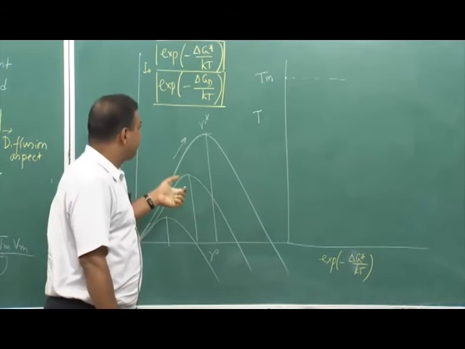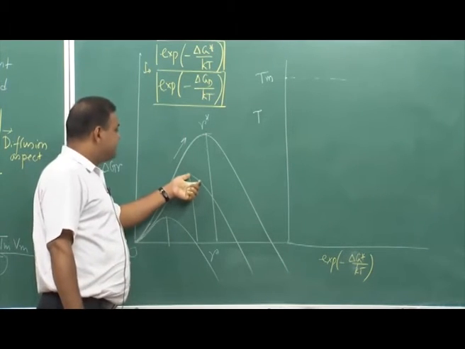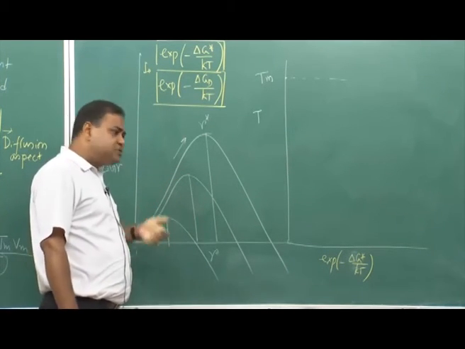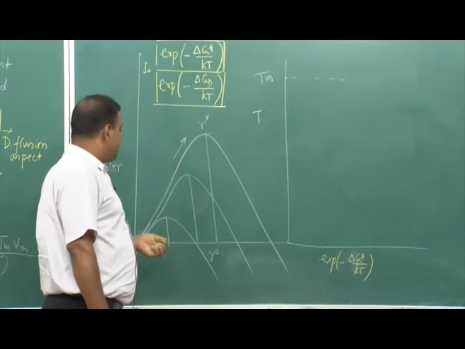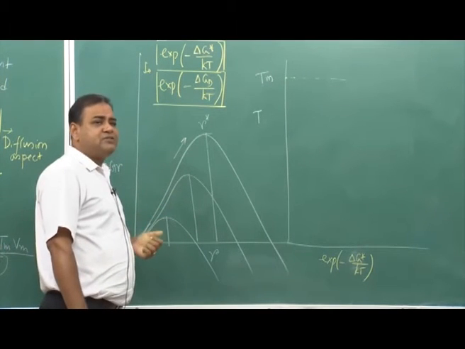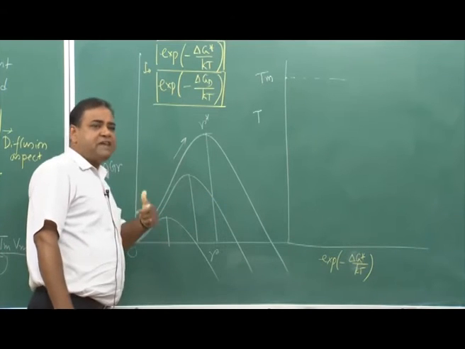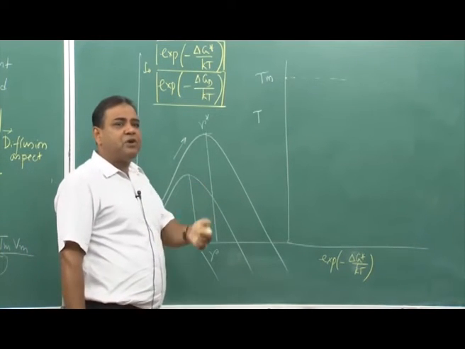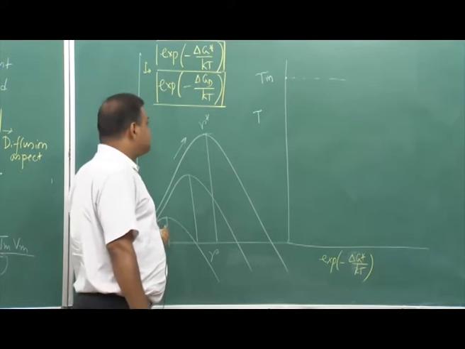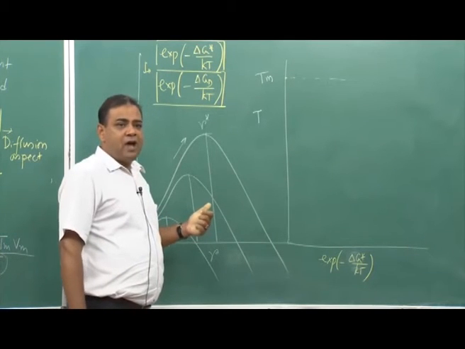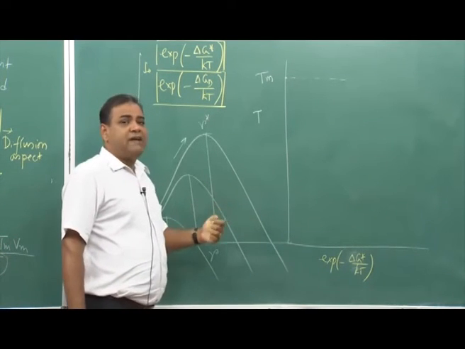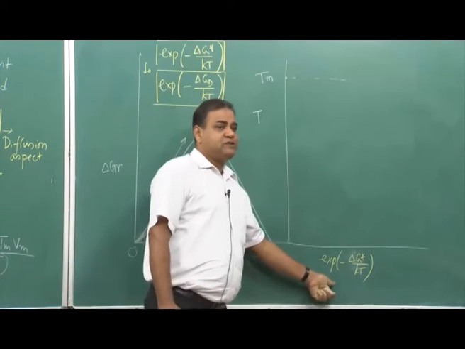Even if we have a sufficient undercooling, the R star would still be very large, still it is not possible. But at some point I would be able to see that the thermal fluctuation is able to give me a sufficient number of R star, which would be feasible and which we will be able to experience through this expression.